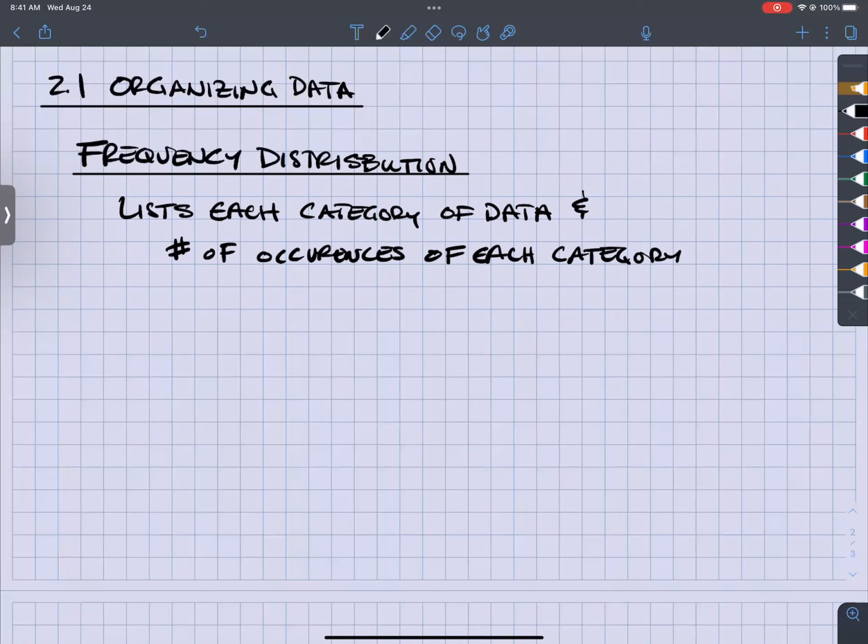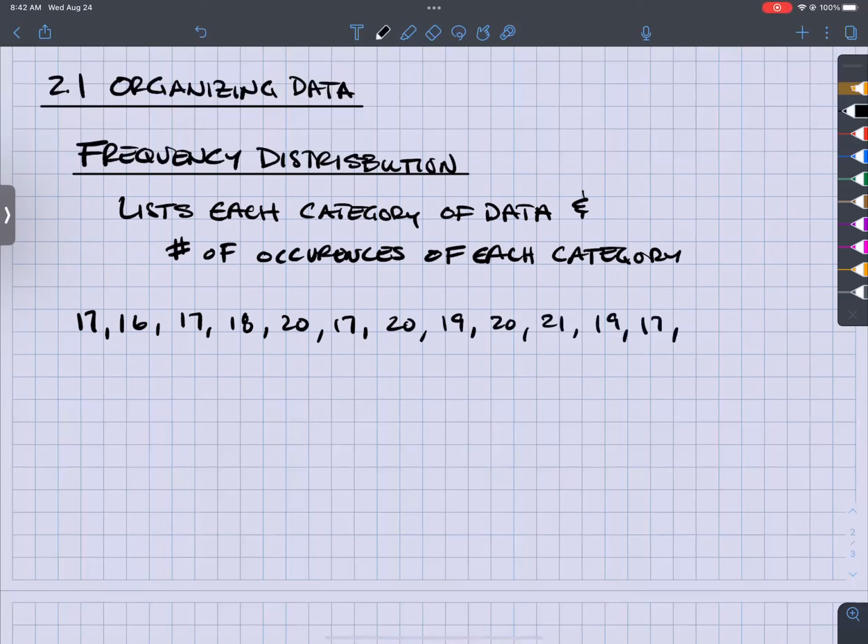And we'll just go back and forth. Go for it. Next. 17. Next.